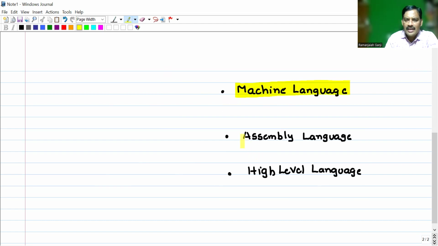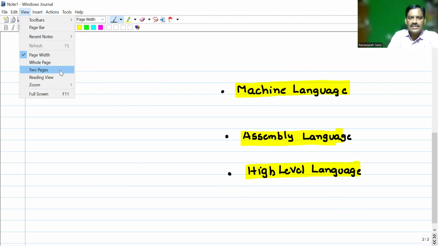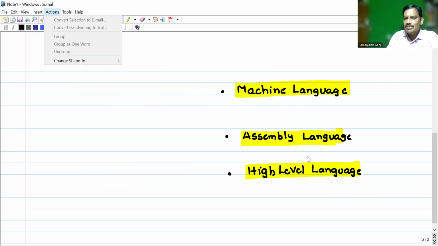Still we have other languages, higher level languages, object oriented languages, natural languages, etc. We'll discuss those elements later. First, we start with machine language, then assembly language, then high level language.